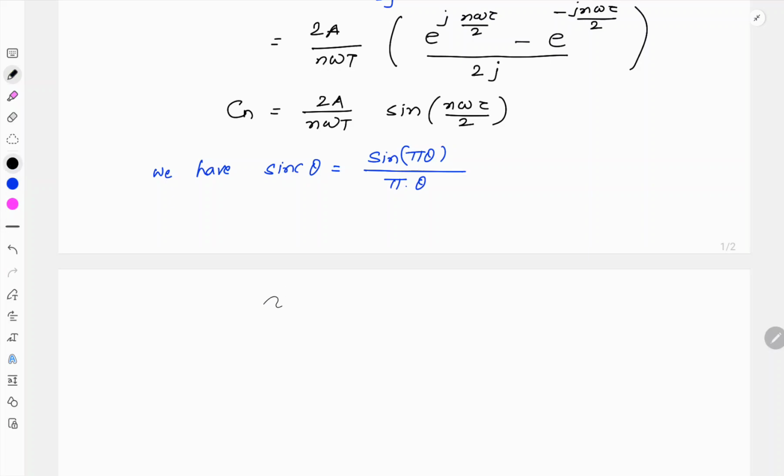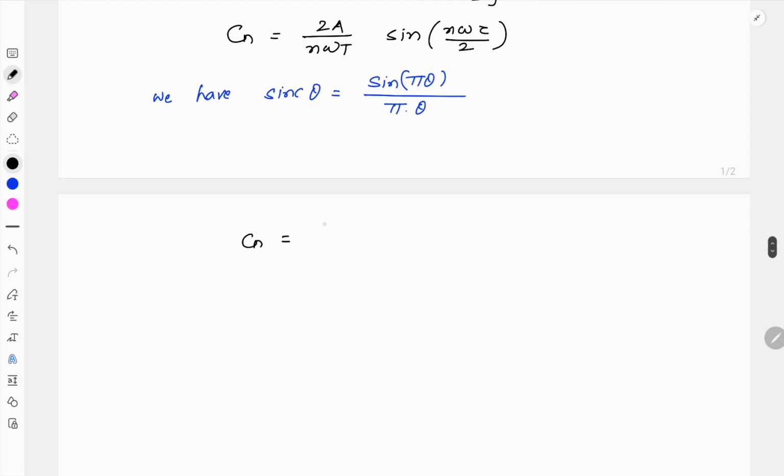So we have Cn equal to 2a upon n omega t. Now sine of, we need it as pi theta, so pi into n omega tau by 2 pi.